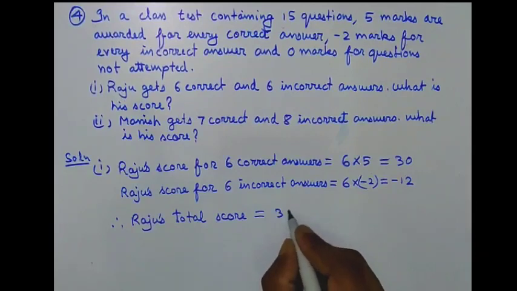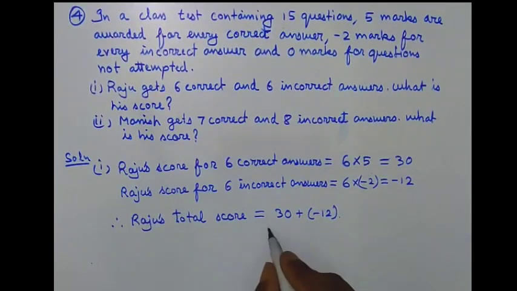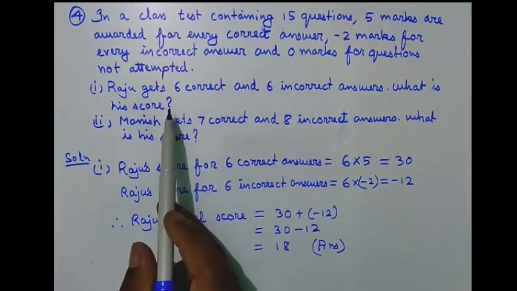So 30 plus negative 12 simply means 30 minus 12, which gives us 18. So what is Raju's total score? 18. This is the answer for the first part.